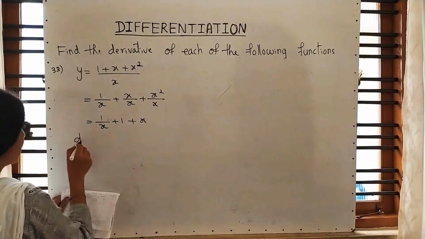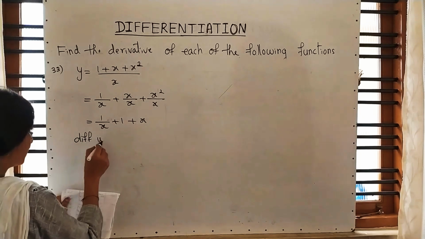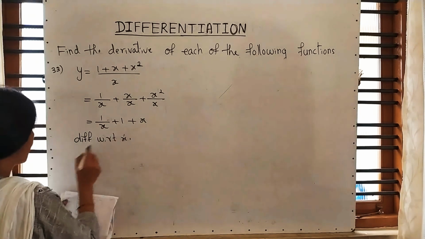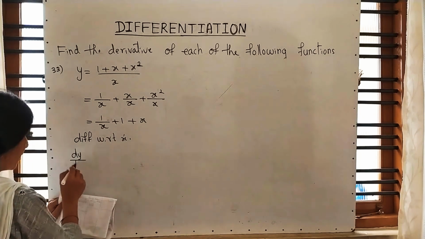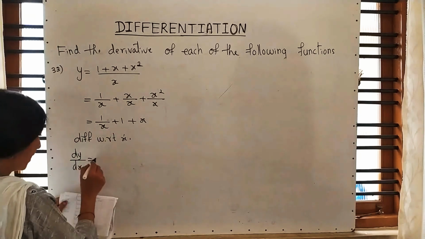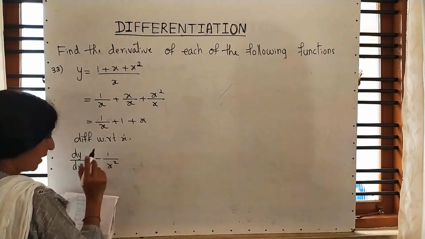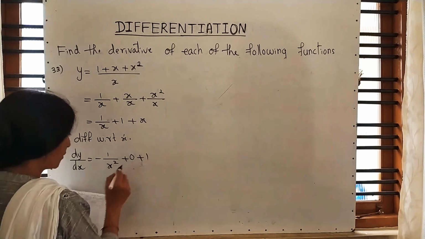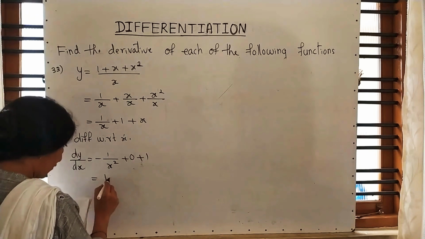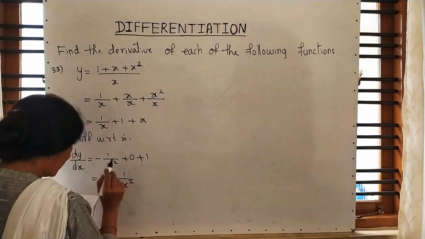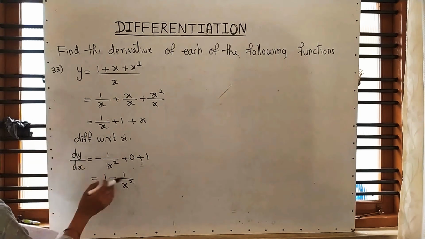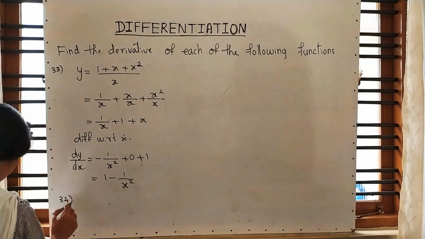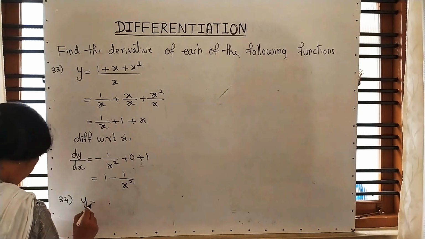So differentiating with respect to x, dy upon dx. What is the differentiation of 1 by x? Minus 1 by x square, but already we are familiar. Differentiation of 1 is 0. Differentiation of x is 1. So we write like this. First I write a positive number, then I write a negative number. Y is equal to.